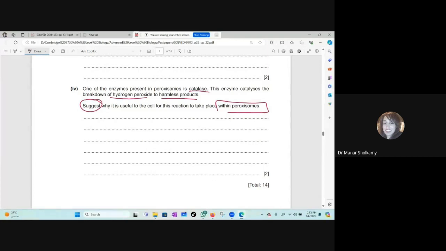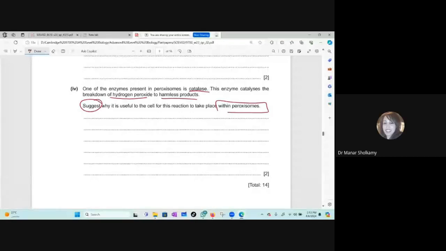I want you to give me 2 reasons. Mariam, yeah, come on, speak up. Why is it an advantage that this enzyme and hydrogen peroxide is inside the peroxisome and not outside the peroxisome? To not damage the rest of the organelles. So the what? To not damage the rest of the organelles.